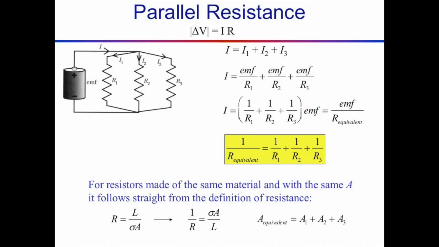All right. When things are in parallel, it's a little bit less intuitive, but we'll see that it comes out of the equation for resistance as well. So in this case, we have the battery here on the left. We have 3 resistors now coming down in parallel.